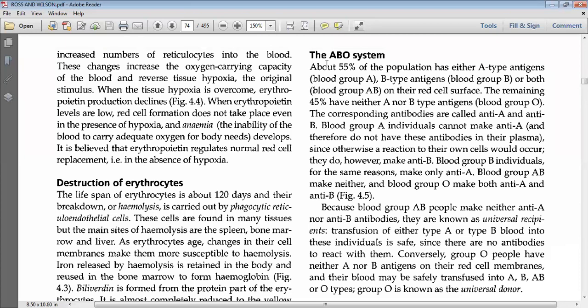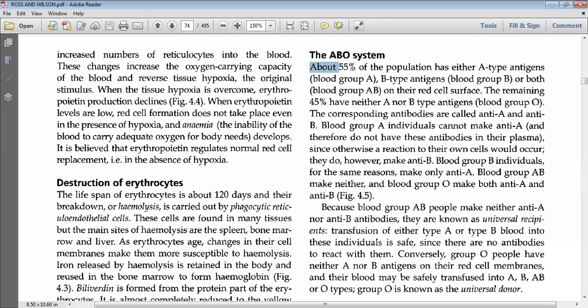In the ABO system, about 55% of the population has either A type of antigen, that is blood group A, or B type of antigen, that is blood group B, or both, that is AB.